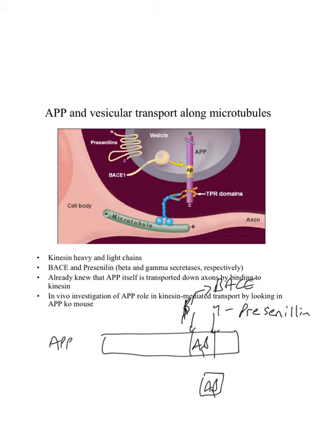So remember that if we think about studying APP and its role in Alzheimer's disease, there are a couple ways that we can do that. One would be to make a mouse model where there is human APP expressed on top of the normal APP in the mouse to give extra APP.